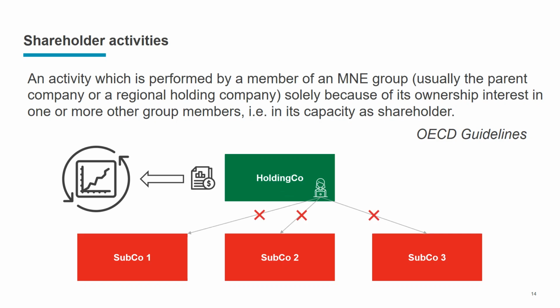So this activity would be a classic example of shareholder activity because subsidiary companies do not need to have a consolidated financial statement. They do not benefit from the fact that this annual financial statement on the group level is prepared. And this is why those costs should not be charged to subsidiary companies.